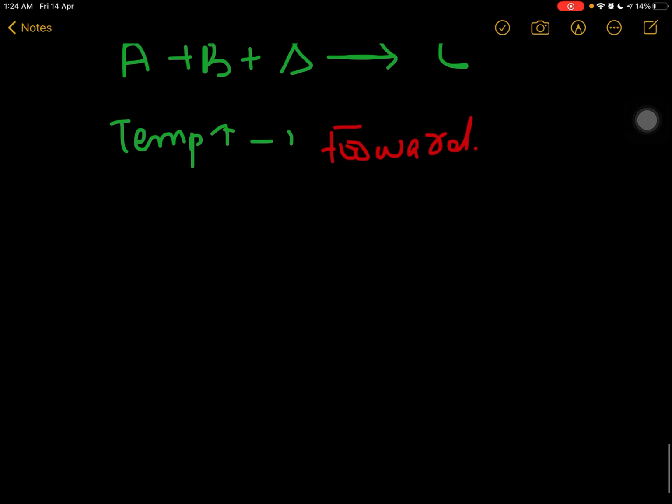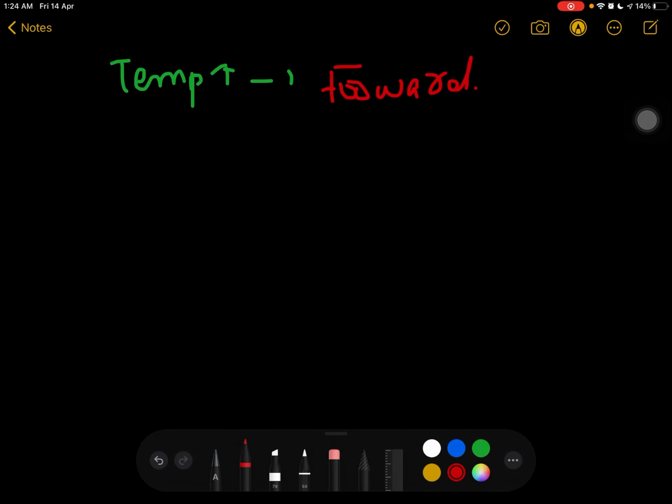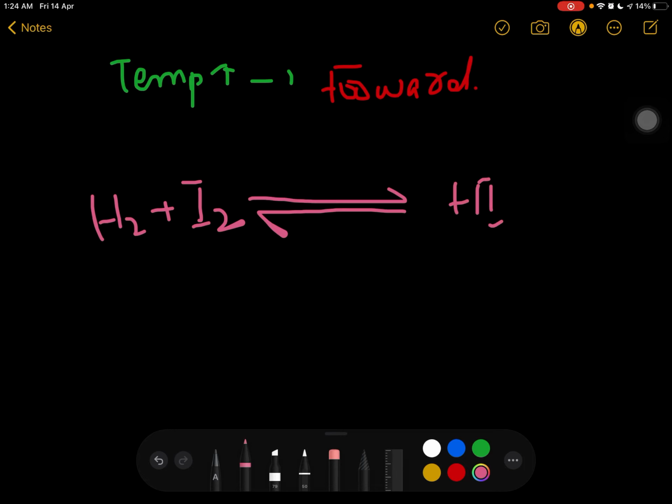Consider another example: H2 plus I2, and they make 2HI plus 30 degrees Celsius heat, so it is an exothermic reaction. Now if I increase the temperature, what will happen?